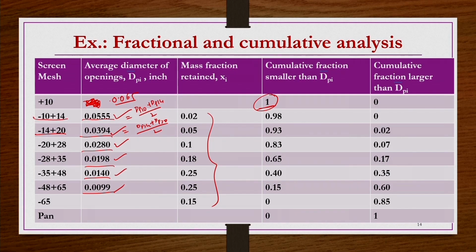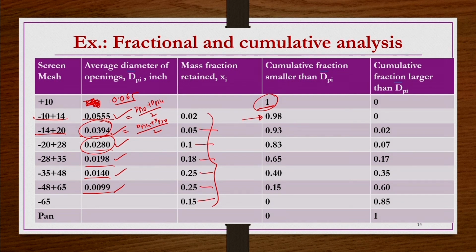Similarly, in the second row here, what is the fraction of material whose size is smaller than 0.0555? So, this 0.0394, 0.028 and all of them are smaller than 0.0555. So, their corresponding fractions should be added together and then written here.